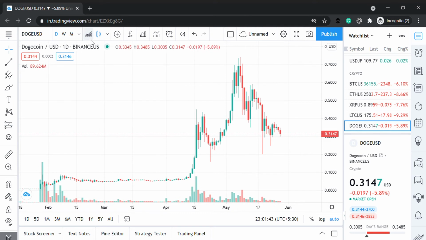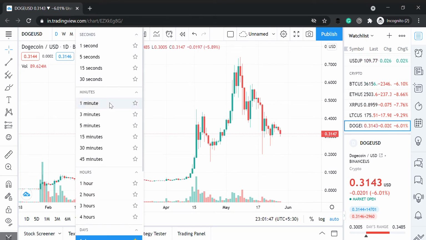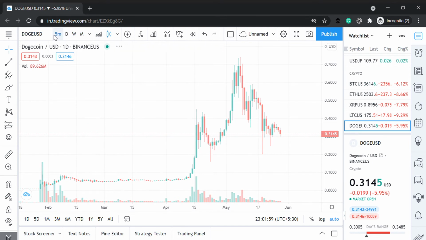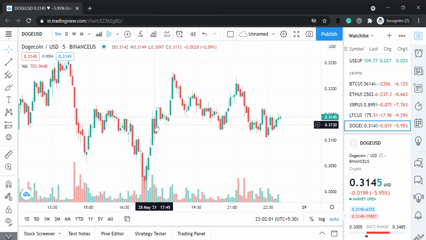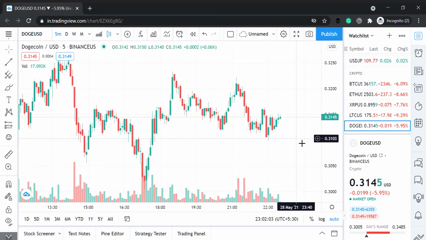So let's see another chart, another time frame wherein we can see the real movement of these prices. So let's switch to the 5-minute chart. In this 5-minute chart, you will see the price is actually increasing and decreasing quite fast.